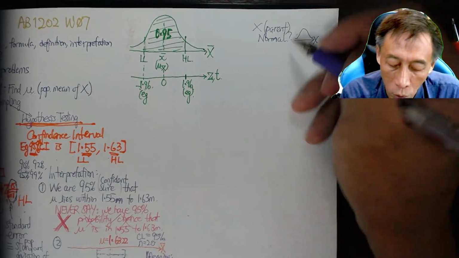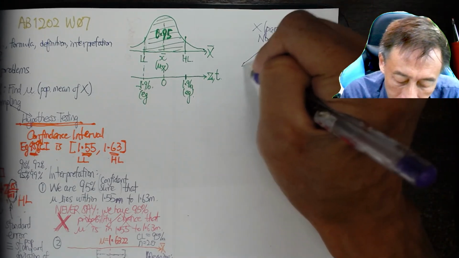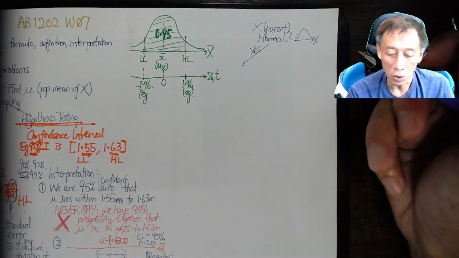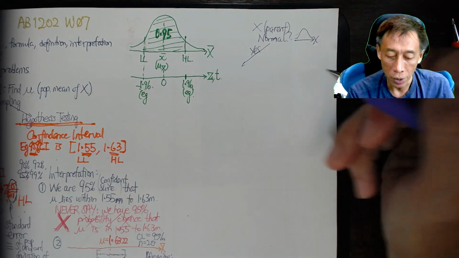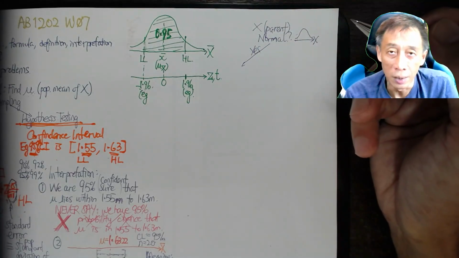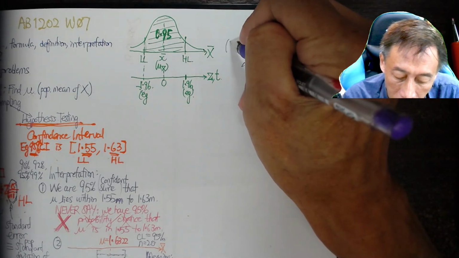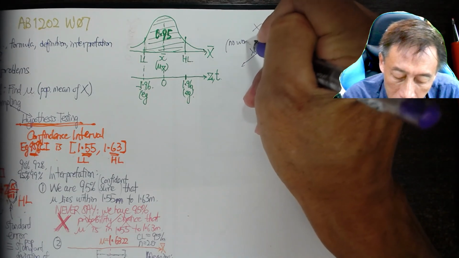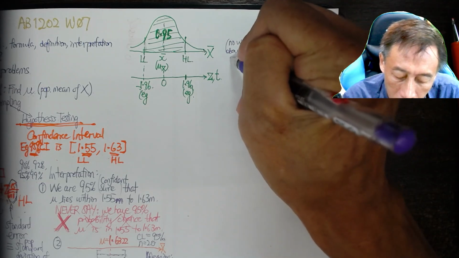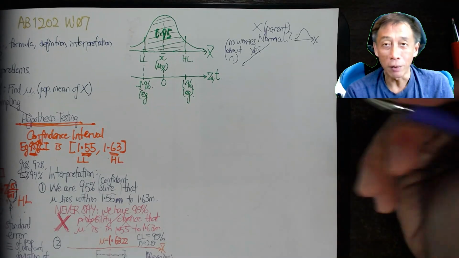So do we know it's normal? If we know it's normal, yes, that's good. Then we don't care about the sample size. No worries about n, because the parent is already beautiful.